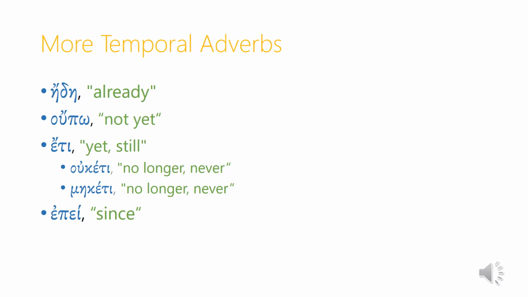Eti means yet or still. And from eti we have two derived negative forms with either ou or me, the two negative particles, stuck in front. So we have ouketi, which means no longer or never, and meketi, which also means no longer or never. And epei means since.